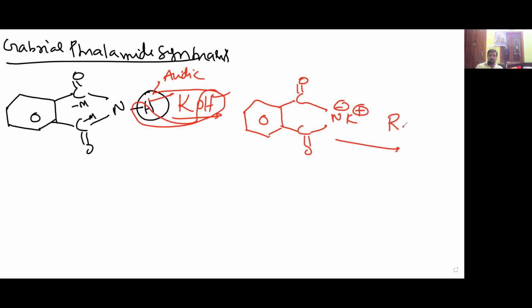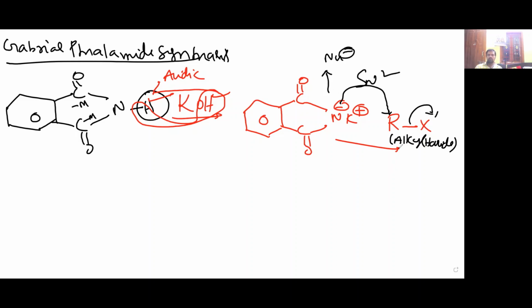Just keep in mind, this is treated with normal alkyl halide. What reaction is it? This is called a nucleophilic substitution. This is a normal alkyl halide. N minus attacks, X minus is leaving.